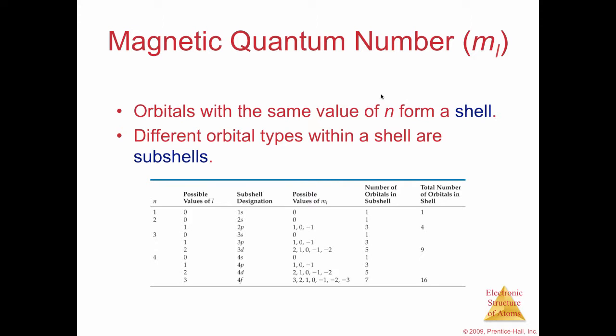The fourth energy level then has 1 s orbital, 3 p orbitals, 5 d orbitals, and 7 f orbitals, for a total of 16 orbitals in the fourth shell. Again, each orbital holds 2 electrons for a total of 32 electrons in the fourth shell. Incidentally, there is a formula to determine the total number of electrons in each energy level, and that is 2n squared.